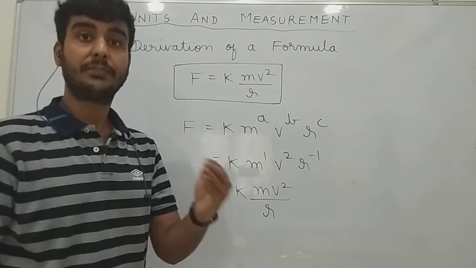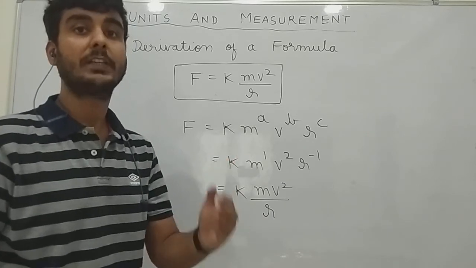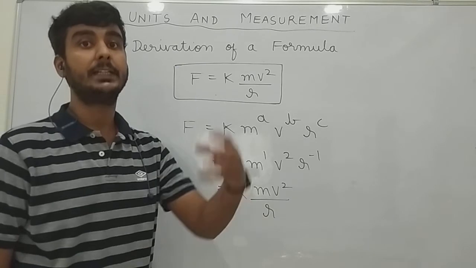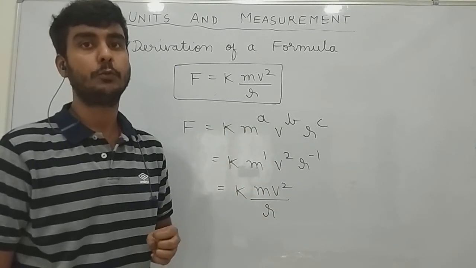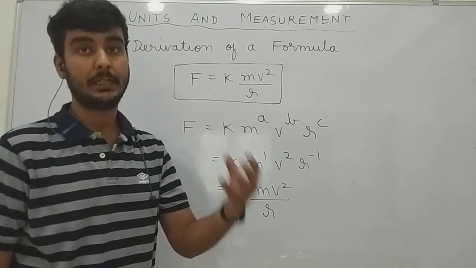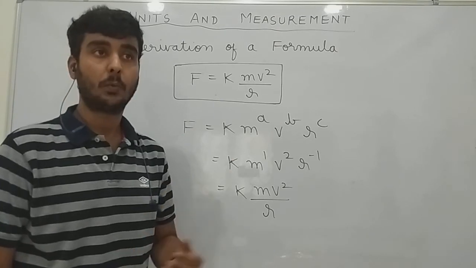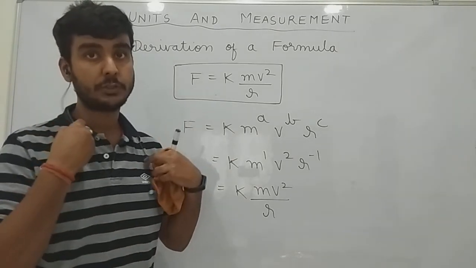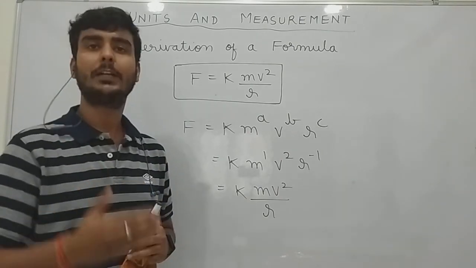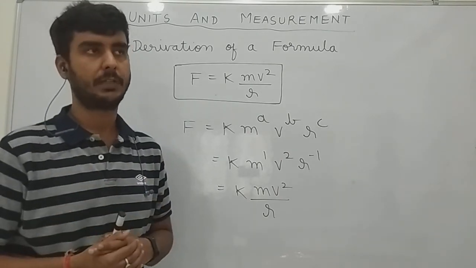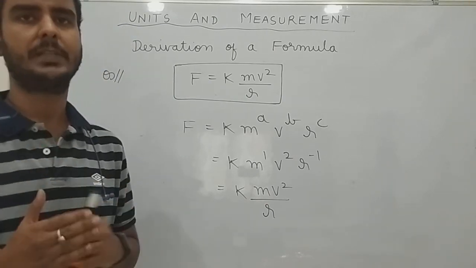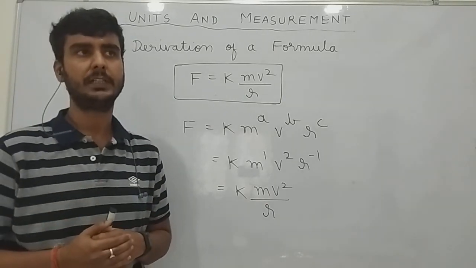Second, if a physical quantity depends on more than 3 factors, then it becomes difficult to obtain that formula using dimensional analysis. And one more limitation is that if trigonometric ratios are present in a formula, you cannot find them using dimensional analysis. So these are some of the limitations of dimensional analysis which we have seen.